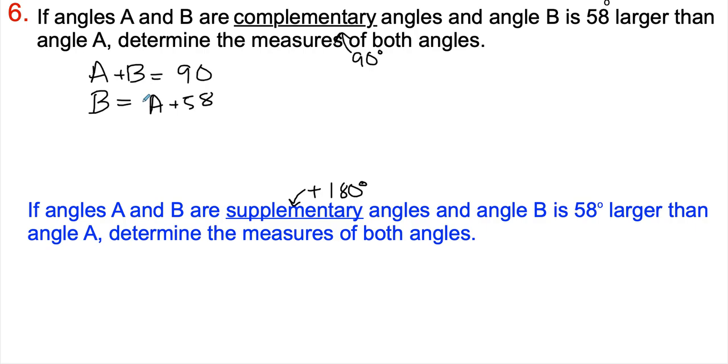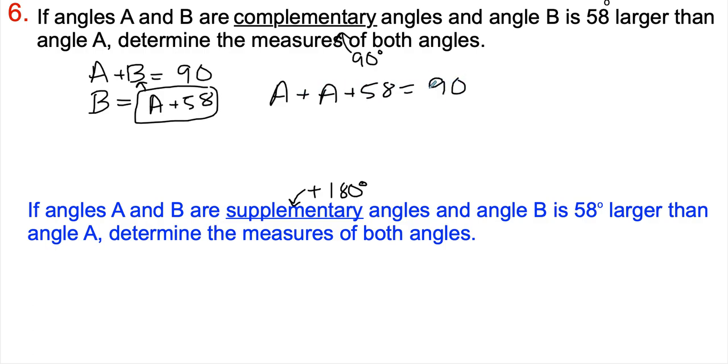All right. Now, what do you think we're going to do with our 2 equations? This one's got 2 variables, this one's got 2 variables, but this one's solved for one of them. So we could probably take this stuff and throw it into there, which is what we're going to do. So A plus B, which is A plus 58 plus A, is equal to 90.